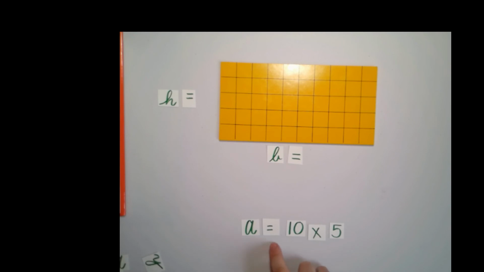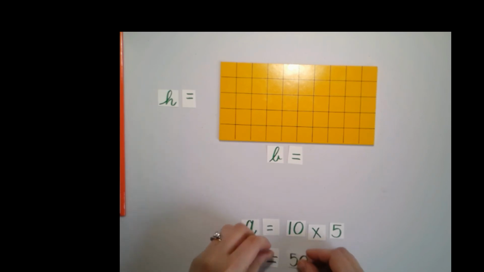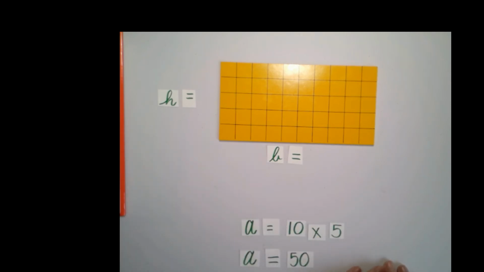So our area equals 10 times 5. So we do the math problem, 10 times 5 is 50. So our area equals 50 unit squares. All right, that's pretty simple.